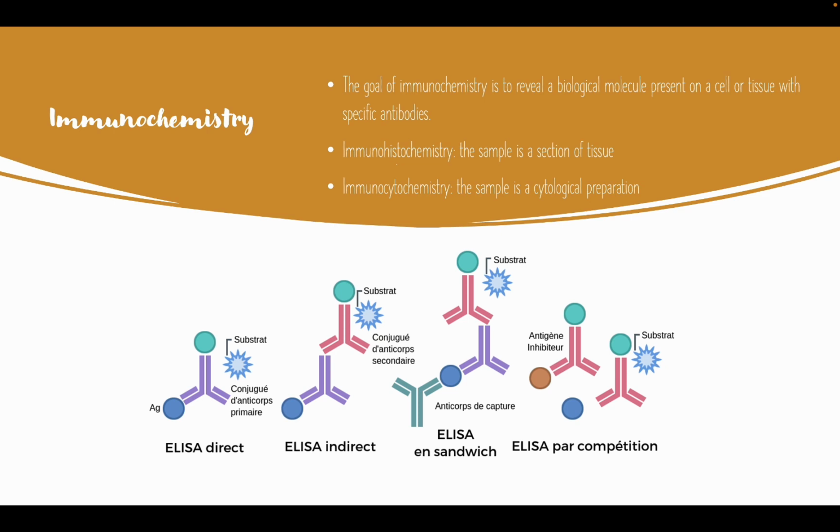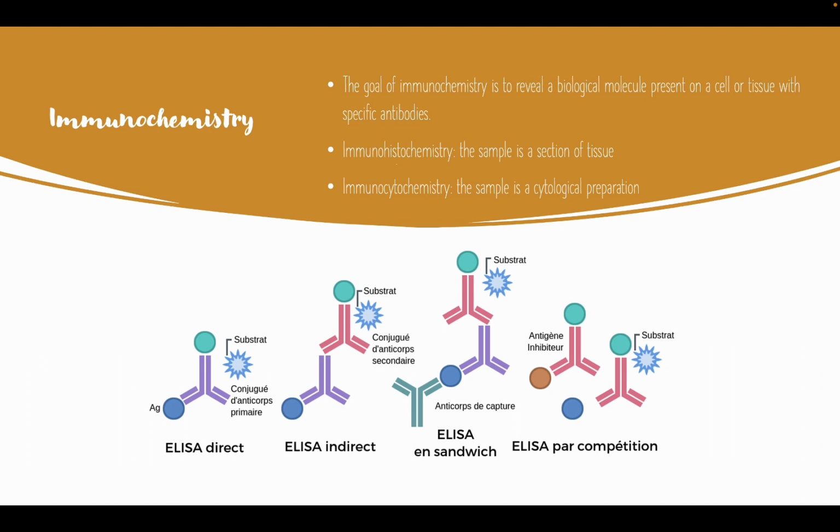Immunochemistry. Let's give an example to simplify immunochemistry. Immunochemistry is like a detective game in the world of biology. Its goal is to find a special biological molecule in a cell or tissue using specific antibodies. We're still in the detective vibe. For immunohistochemistry, evidence comes from tissue slices, like pieces of a puzzle.